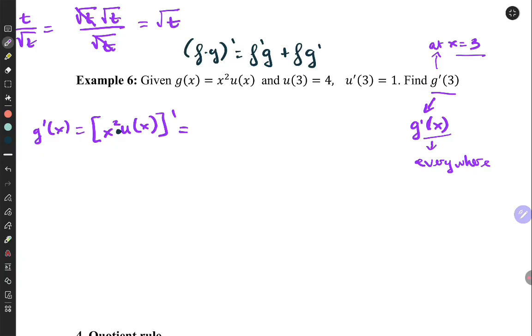Product rule, plus. Yes, very close. Use this product rule: f prime, g. Very good. Now you have that, then plug in 3, 3 everywhere at the x. Somewhere in there you're going to use these two. Very good. 2x times u, keep going.